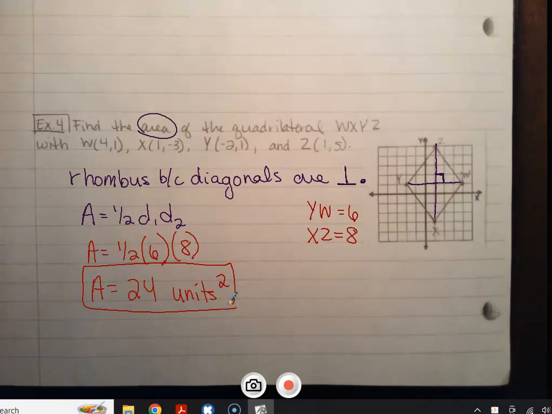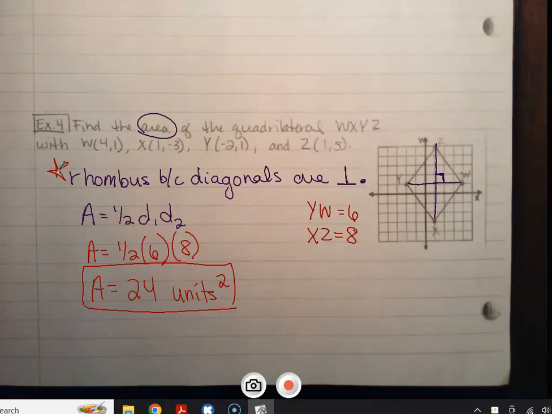All right, so in coordinate geometry, this is the key: still use the things that you know about the different shapes to help you determine what kind of shape it is. You may have to find the slopes of the lines in order to know if it's a different shape or not, like a trapezoid, or in the case of this one being the rhombus, we check the diagonals.